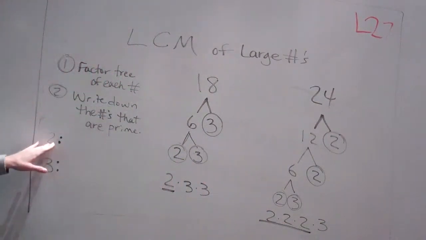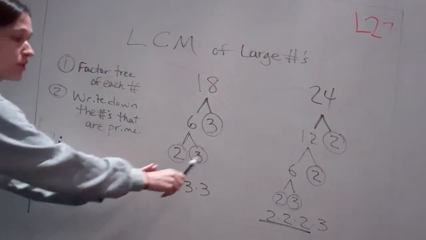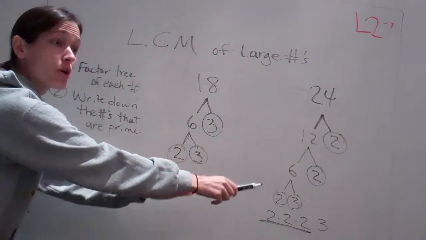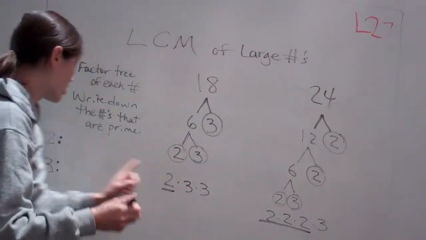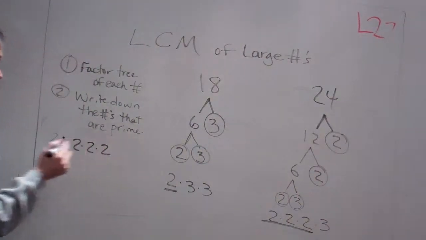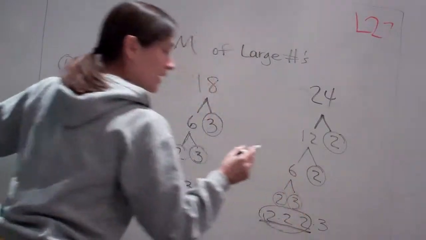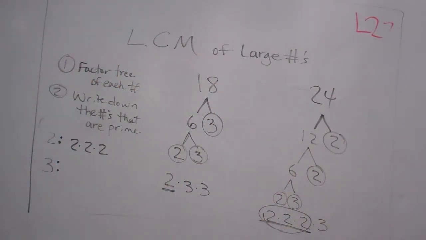You're going to write down the one that has the most. So which one of these has the most? 24. This one does, right? So with this 2, I'm going to write down 2 times 2 times 2 because it had the most quantity of 2s. Does everybody know what I mean by that? This is actually how you find it.